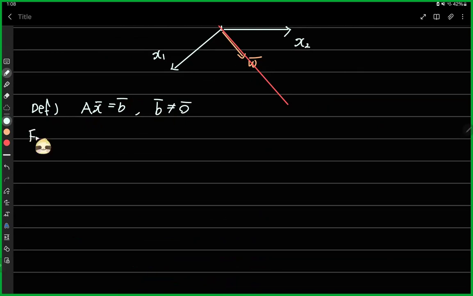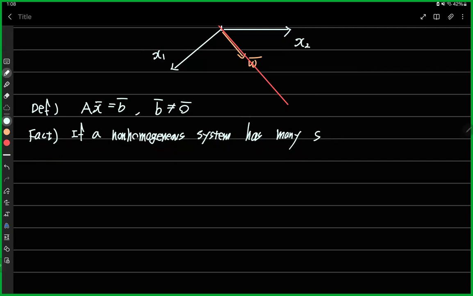So here's a fact. We're going to use a superposition principle. What is the superposition principle? Let me finish writing the fact. If a non-homogeneous system has many solutions, we're talking about the parametric vector form. Under what circumstance are we going to have a parametric vector form? If the system has a free variable, right?